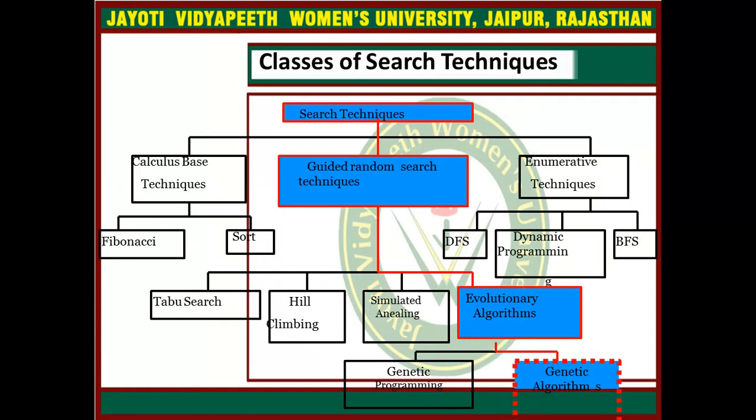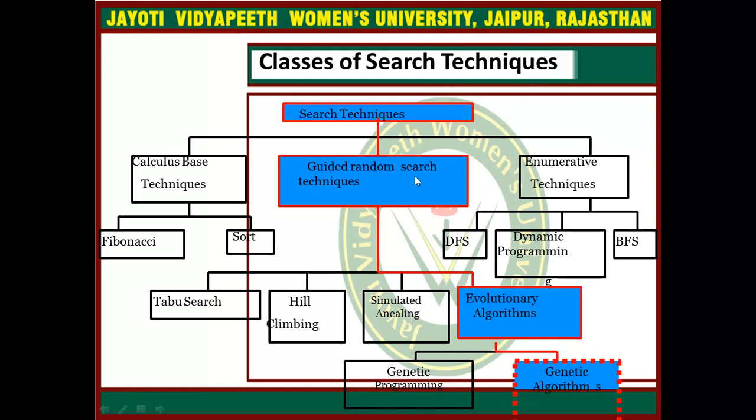Now come to the classes of search techniques. They are basically classified into three categories: calculus based techniques, guided random search techniques and enumerative techniques. Calculus based techniques are further classified into Fibonacci and sort.